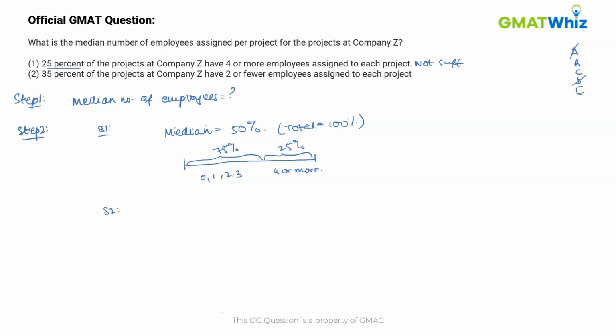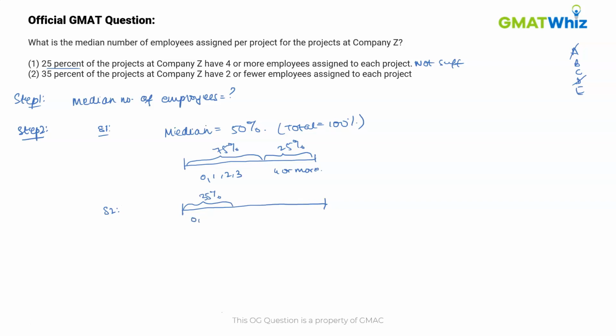Statement 2 tells us that 35% of the projects at company Z have 2 or fewer employees assigned to each project. Now, if we draw a diagram again, just like we did in statement 1, we can see that 35% of the projects have 2 or fewer employees.